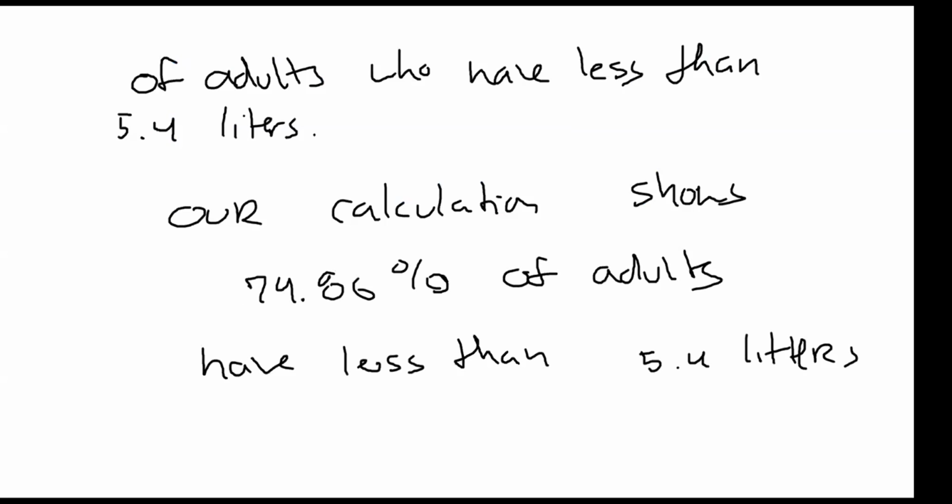Not litters, liters. They're not cats that are procreating. Maybe they are. Well, that's a good problem right there. On average, every time a cat gives birth, how many are in the litter? We can ask the Tiger King.